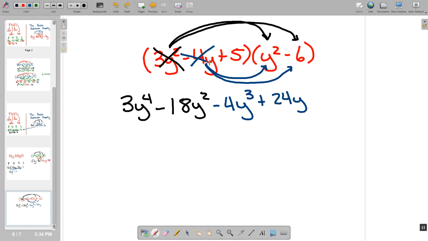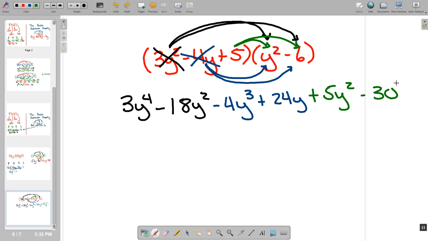Now, I have done 2 of the 3 terms, so I have to do one more term, which I don't really have a lot of room, so I'm just going to write it real small over the top here. And so I get 5 times y squared, which is 5y squared. And then I do 5 times negative 6, which is negative 30. And I got a whole mess here, okay?